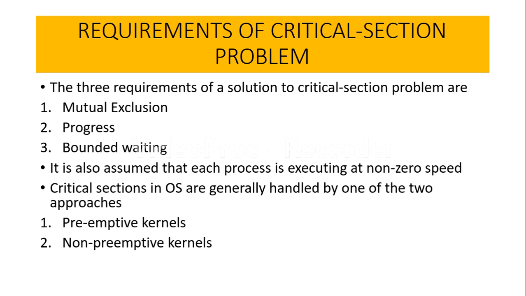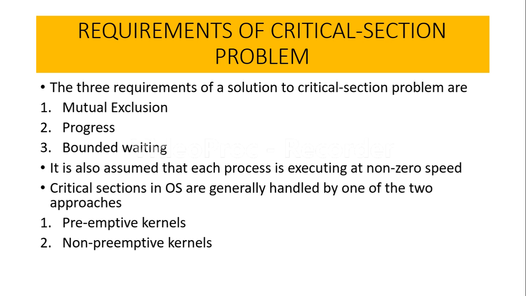Let me be more precise on this progress part. Think, for example, there is a process P1, and so far there is no process in the critical section. Now if process P1 wants to enter the critical section, the first thing the operating system does is check whether process P1 is in the reminder section.